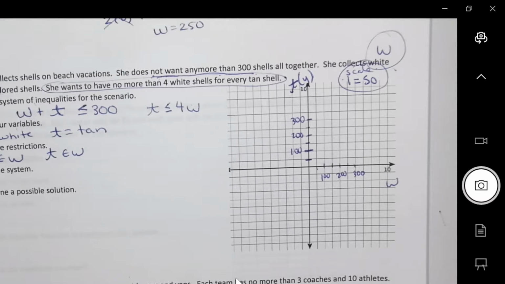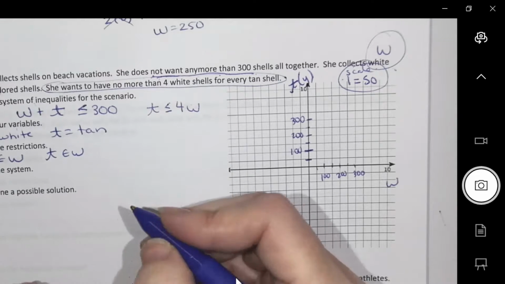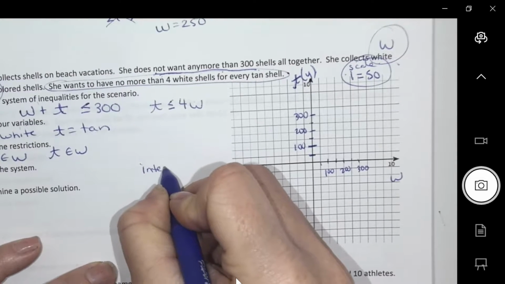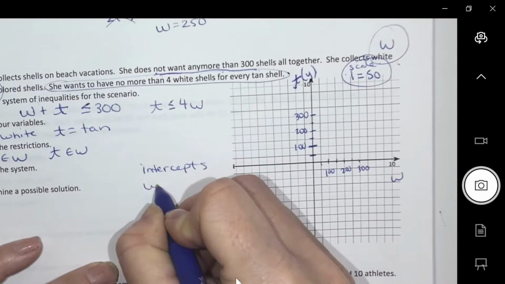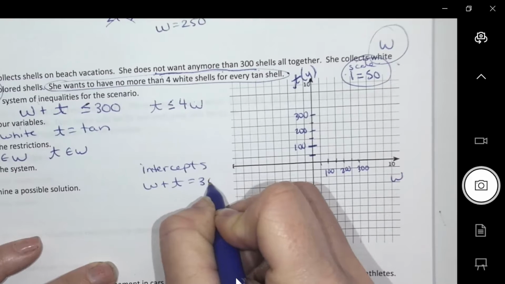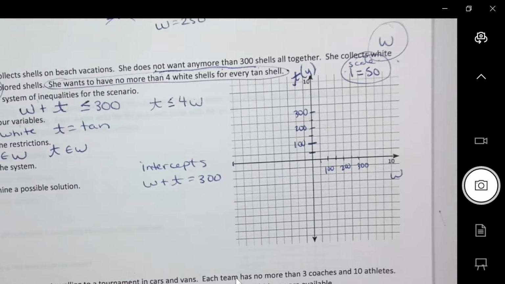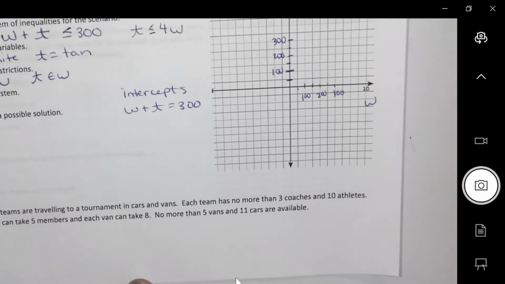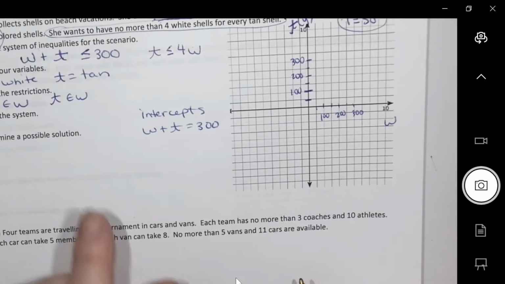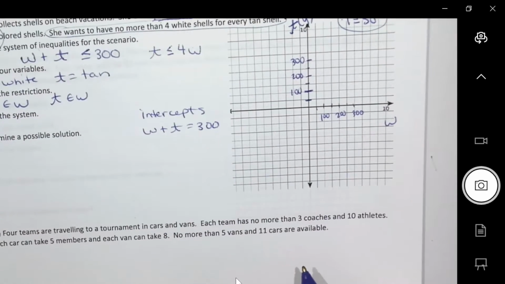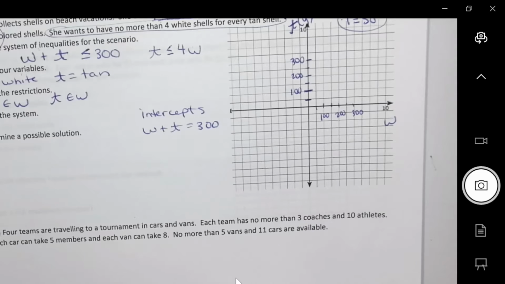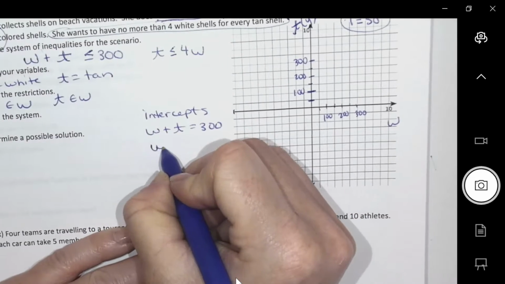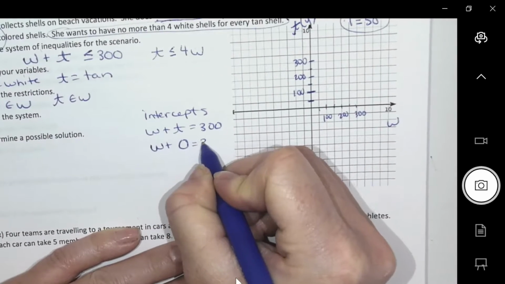Okay, we're going to graph the system. I'm going to use the intercept method. So here's that equation. I took this as an equation, not an inequality. Now, what if I made T 0?